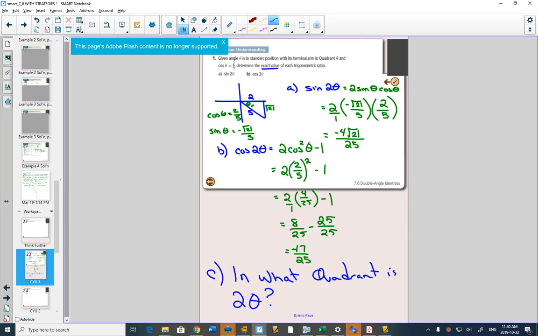Theta's in quadrant 4. They told us that. Don't tell me quadrant 8 for 2 theta. See what I did? Yeah, there's no quadrant 8. But what quadrant would 2 theta be in? And how do we know?